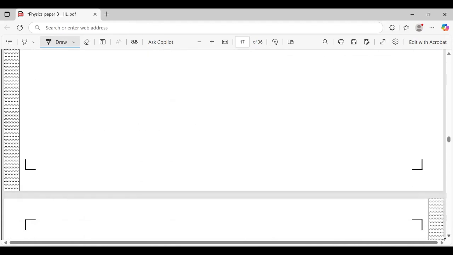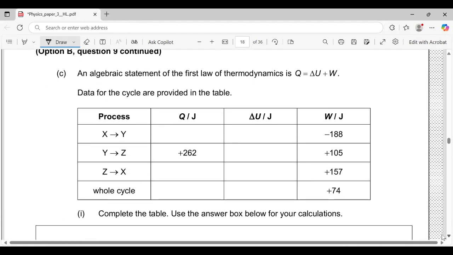Next question. An algebraic statement of the first law of thermodynamics is Q equals delta U plus W. Data for the cycle are provided in this table. Complete the table, use the answer box below for your calculation.